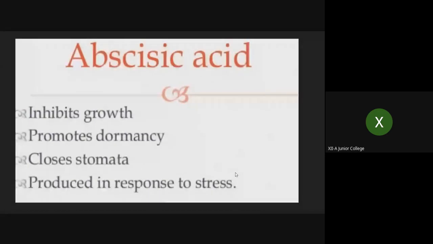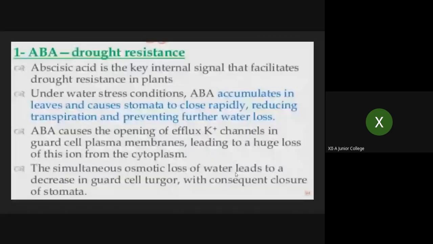In that case, obviously, seeds should remain in the dormant condition so that they will not germinate and will sustain through that period. If dormancy is increased, all the physiological activities are stopped or lowered. So the seeds will not germinate, because the conditions are not favorable.